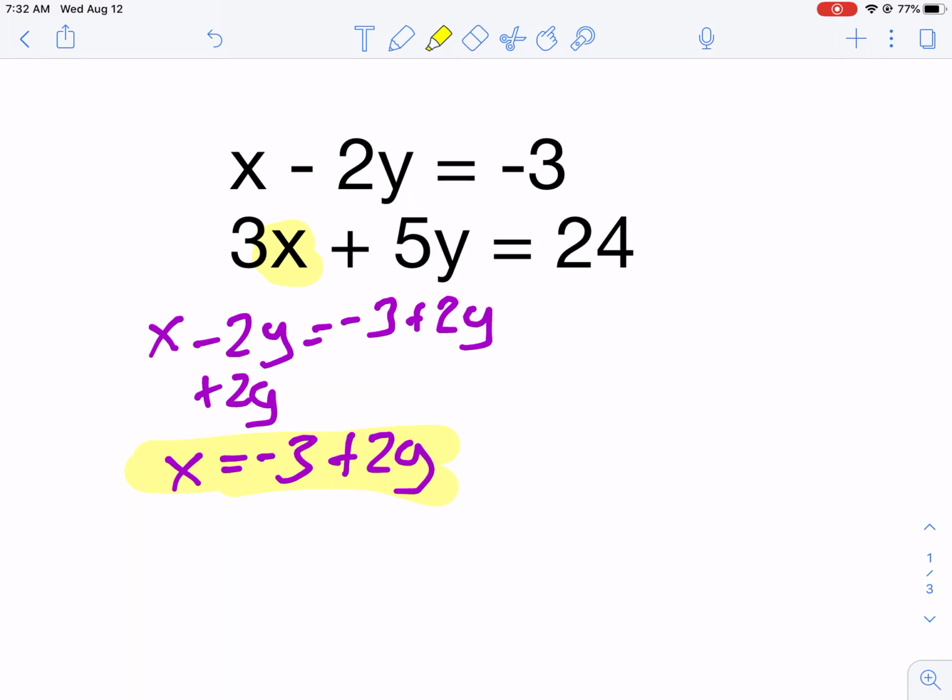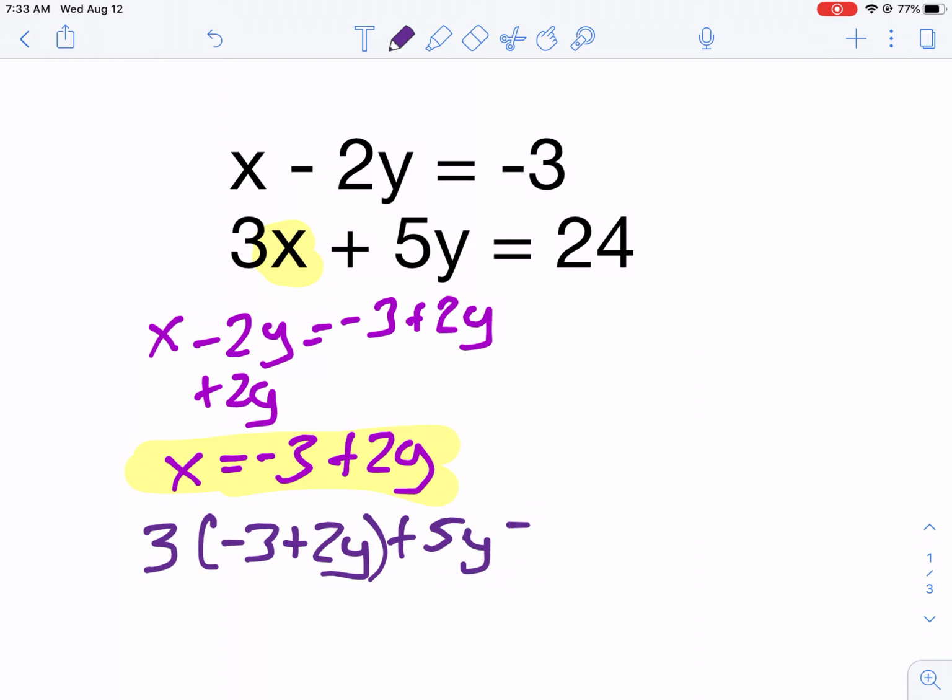If you substitute it for x in the first equation, everything's going to cancel. So that's not going to help you out very much. So my second equation, I'm going to change pen colors here just so you can see the difference. 3, instead of writing x, I'm going to write negative 3 plus 2y. Do you see why? Now this one I need parentheses because I'm going to distribute that 3. Write down the rest of the equation. Plus 5y equals 24. We're going to solve for y.